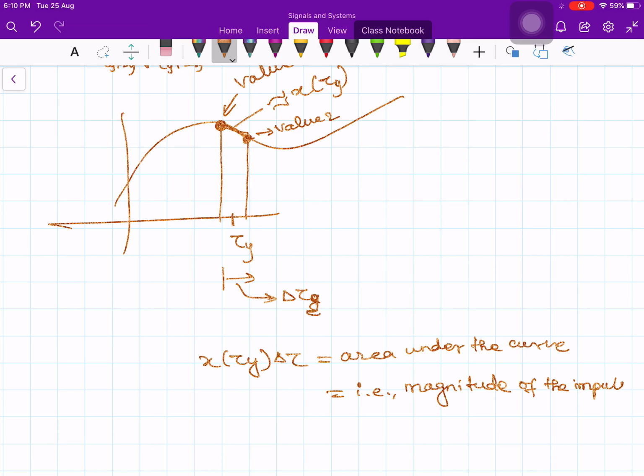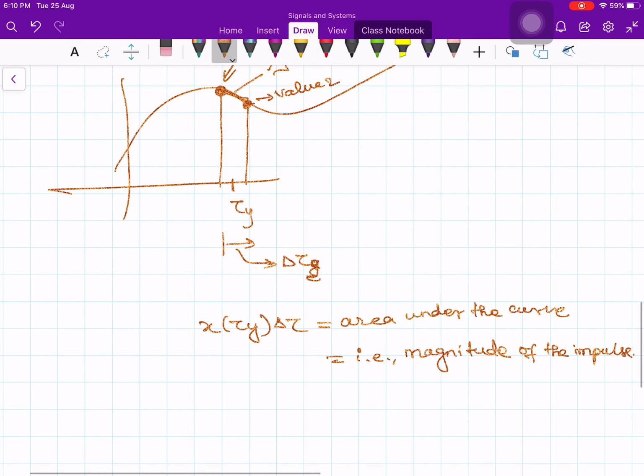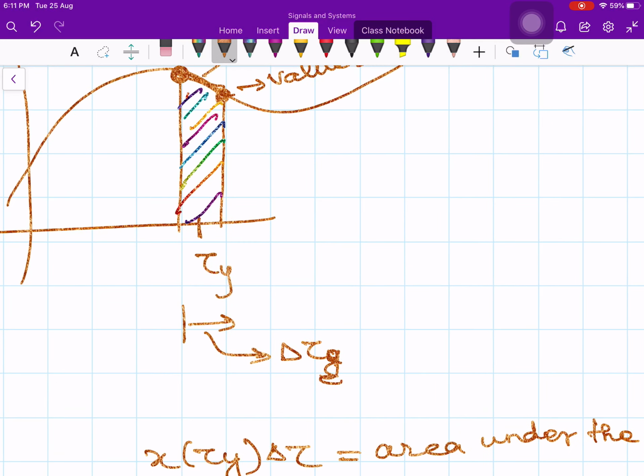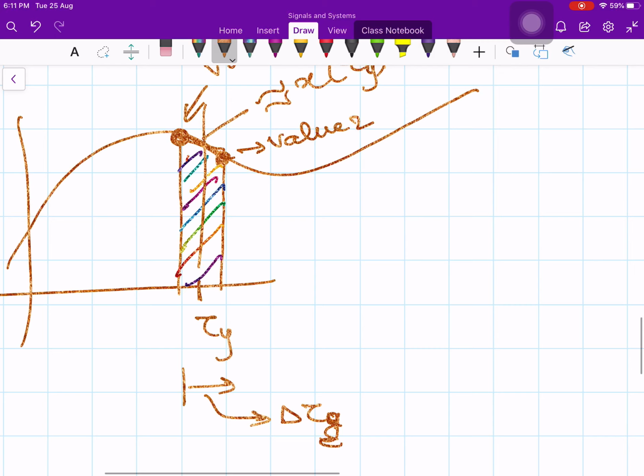So what is the area? The area is this one, like that, and the impulse is situated at the center point. So this is the location of the impulse. We put an arrow mark like this.